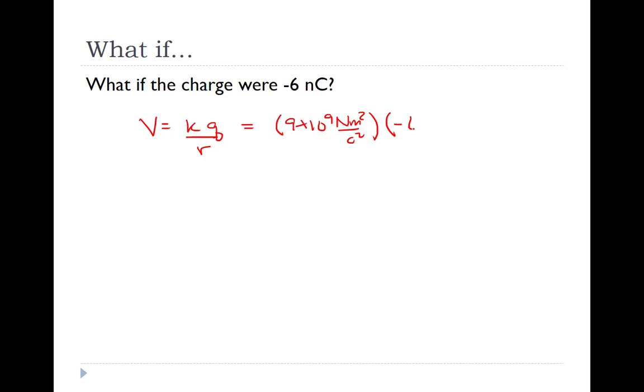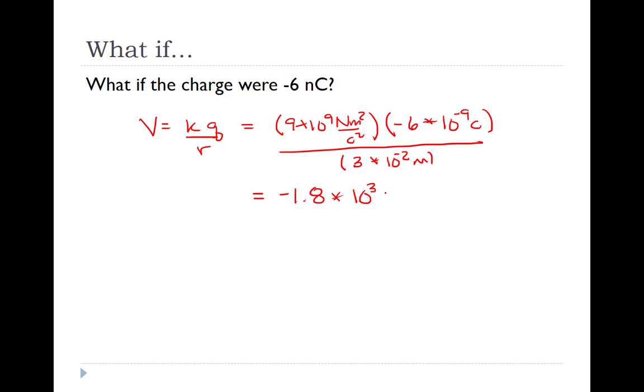Q is now negative 6 times 10 to the minus 9 coulombs. And this is still 3 times 10 to the minus 2 meters. The exact same numbers as before with one negative sign stuck in there. So the answer is the negative of the answer that we had before.